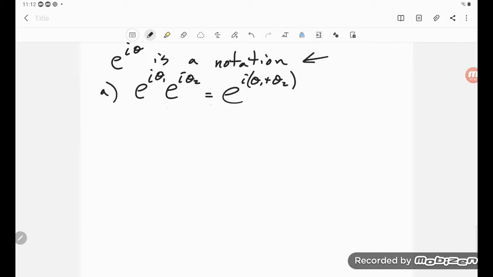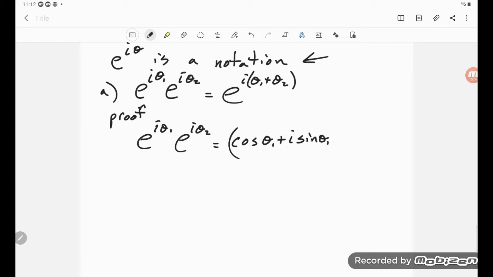And so, if you're going to do a proof of this, what you really have to do is use the definition of what e to the i theta 1 and e to the i theta 2 are, which are these trig representations, cosine theta 1 plus i sine theta 1, and then times cosine theta 2 plus i sine theta 2.